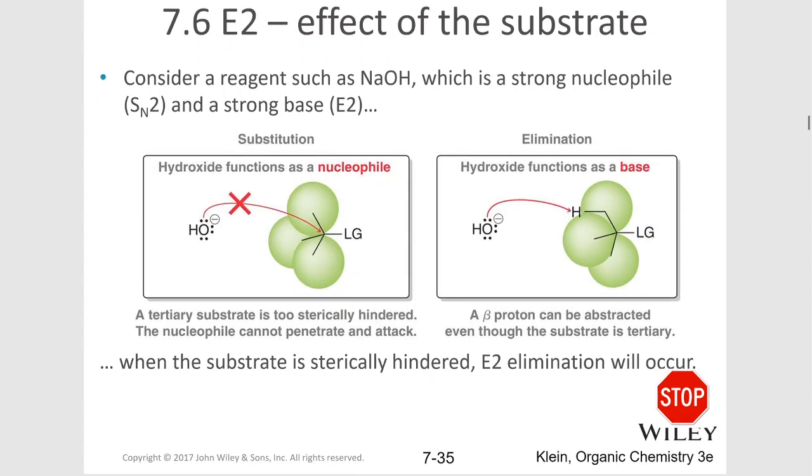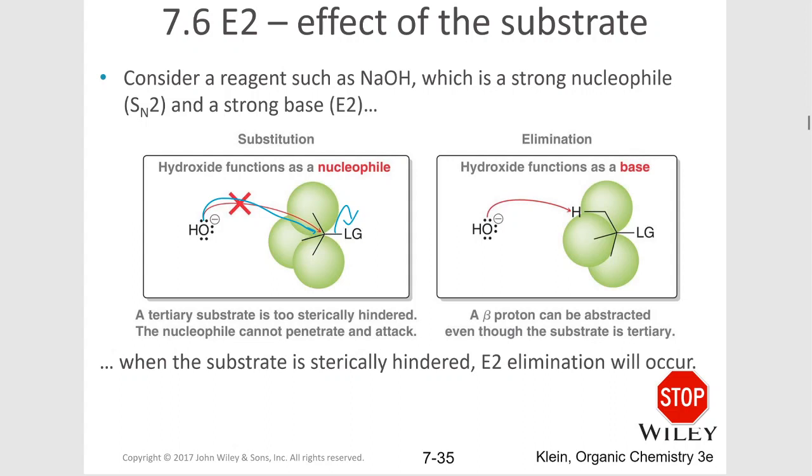So what about the substrate? Let's consider a reagent such as sodium hydroxide, which is a strong nucleophile and also a strong base. So this could potentially do a substitution reaction. It can actually come in here and attack at the alpha carbon, kick out the leaving group.